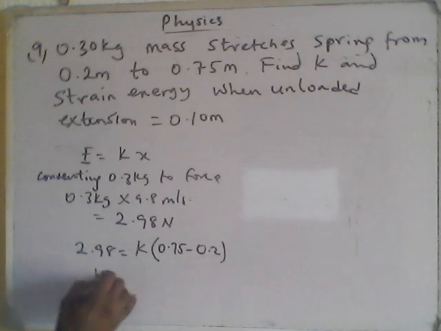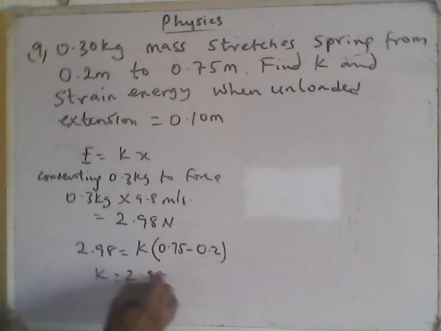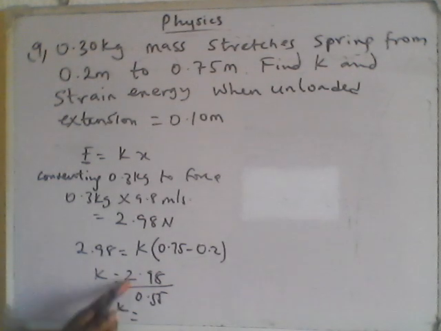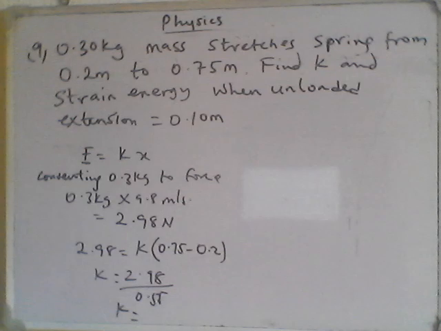So K is equal to 2.98 all over the difference between these two, which gives me 0.55. So K, which we are looking for, if I divide this by this, I'll be getting 4 point something.